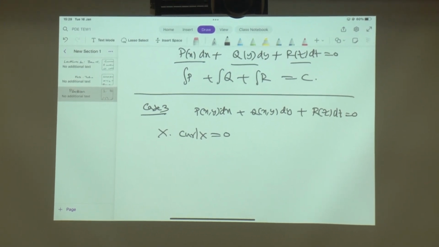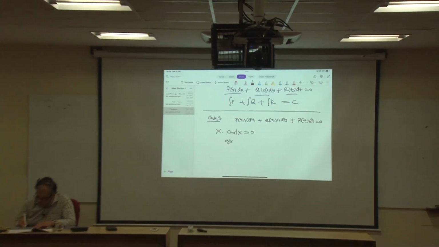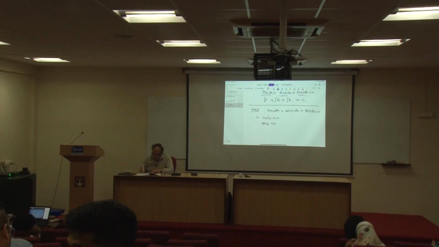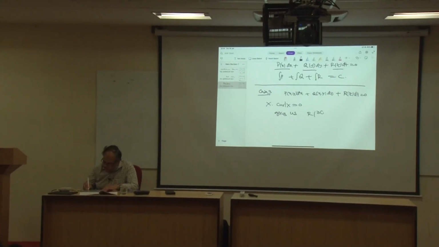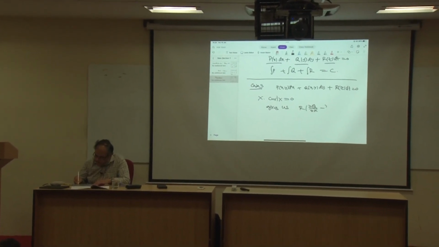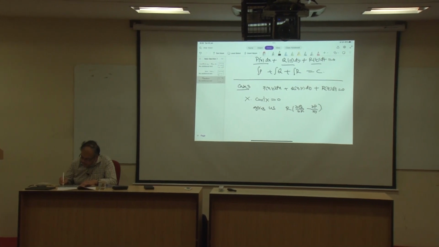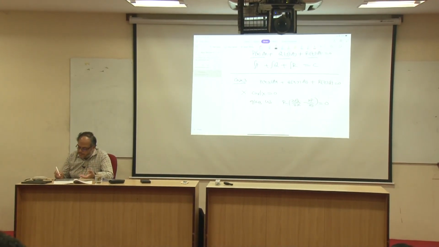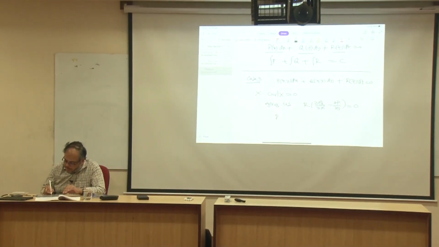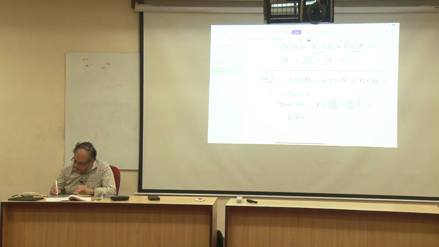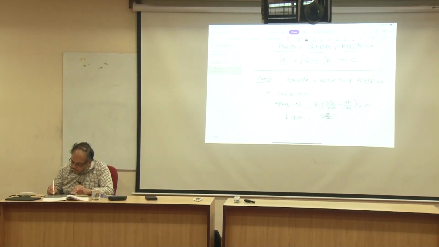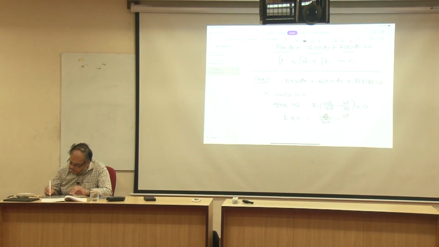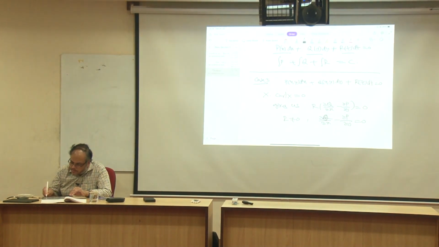So the integrability condition is x dot curl x equal to 0. That condition gives us r into dou q by dou x minus dou p by dou y equal to 0. Assuming that r is not vanishing anywhere, we get dou q by dou x minus dou p by dou y equal to 0.